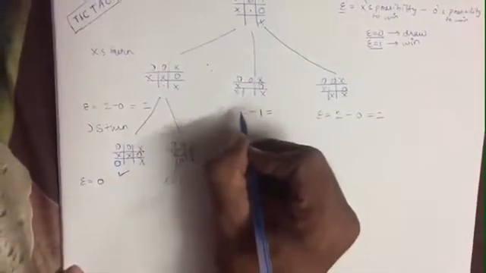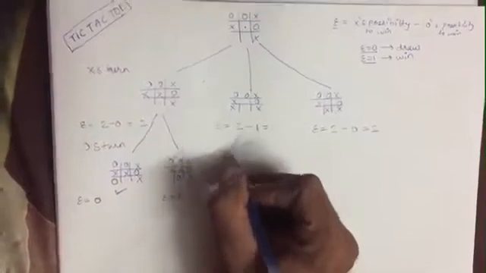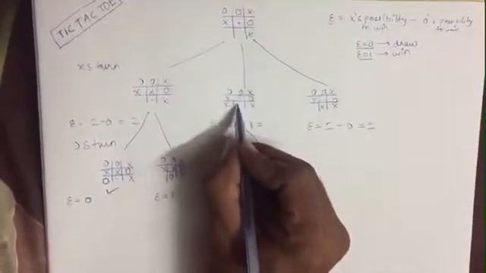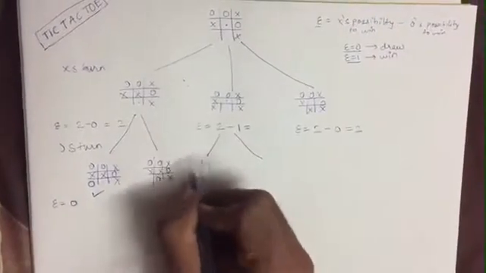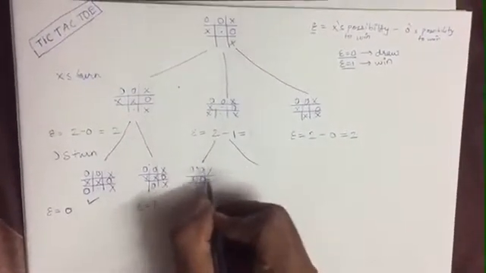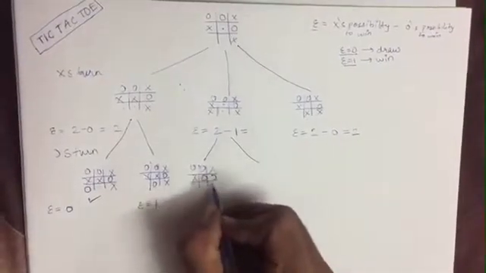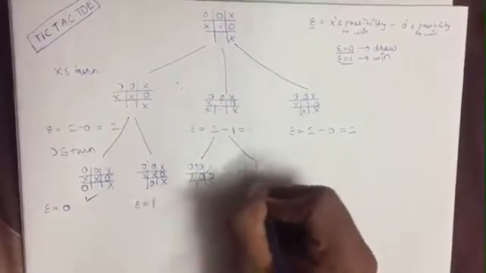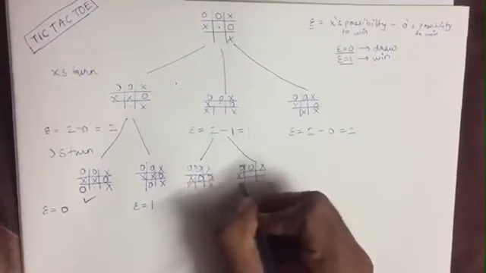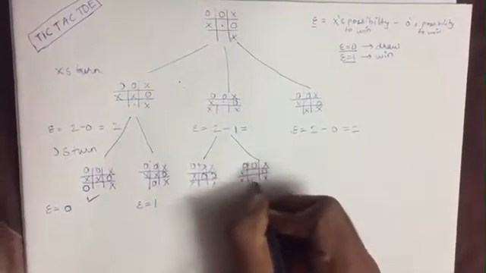Now this one, in this there will be again 2. You can keep O here also and O here also. So first I have kept over here, in second one over here.